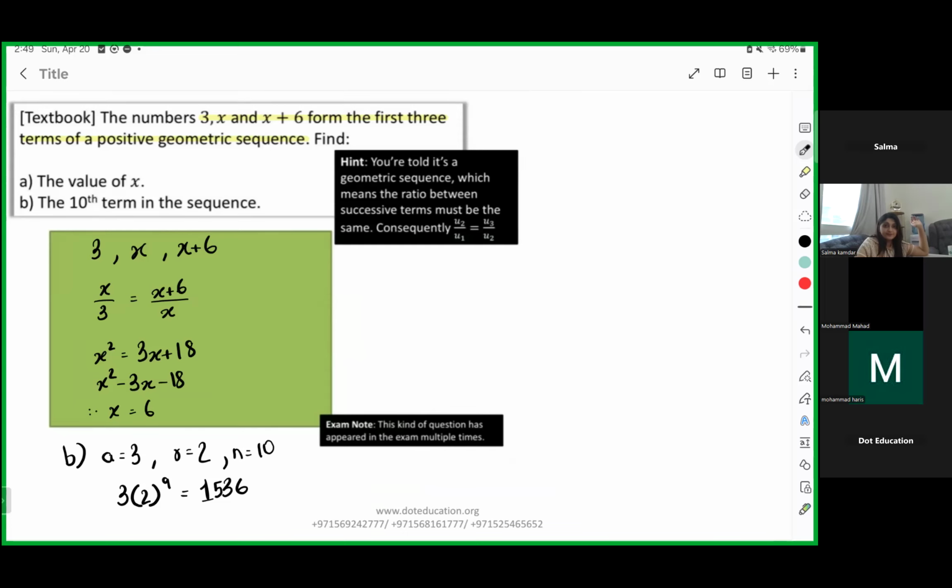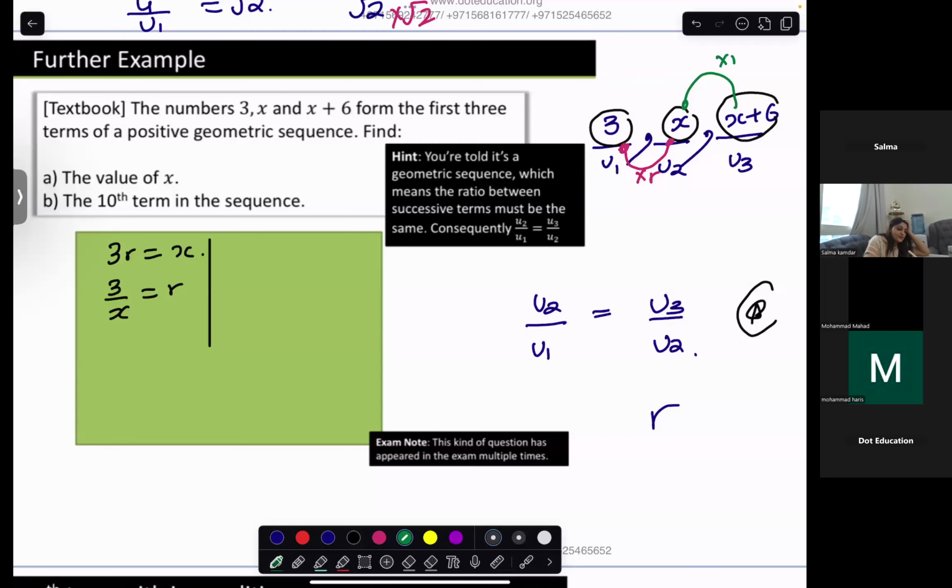Please confirm. Can I say that x into r is going to give me x plus 6? So I would say my r is x plus 6 over x.